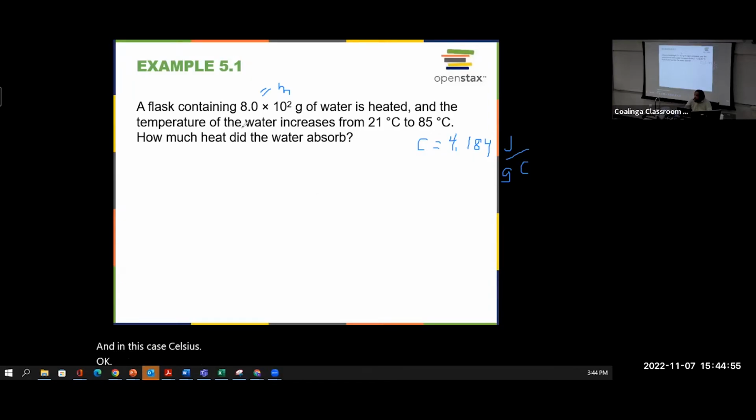So then our delta T, we said it's going to be equal to final minus initial.